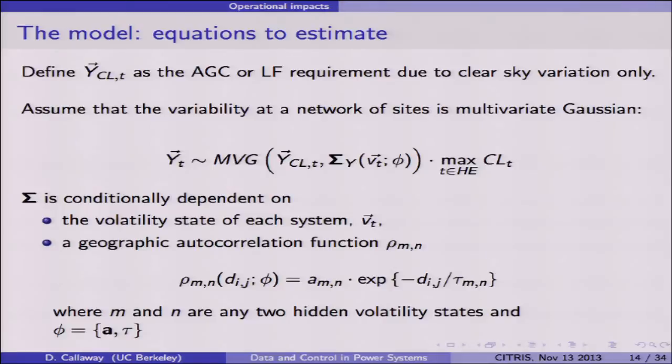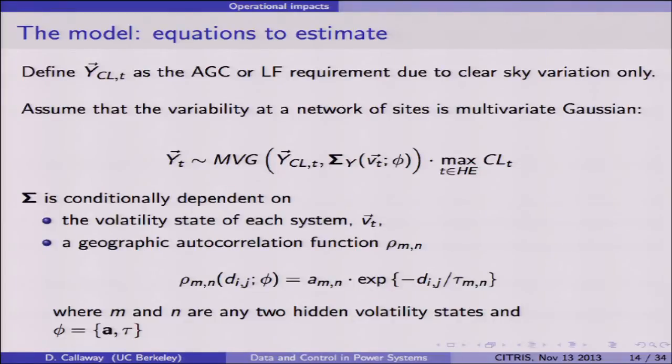And then we'll make an assumption that our model looks like this. It's a multivariate Gaussian. Each individual observation from each site, and an observation is a difference between 5-minute and actual or 1 hour and 5-minute averages, is distributed like a multivariate Gaussian with average equal to the clear sky, and then this giant variance-covariance matrix.